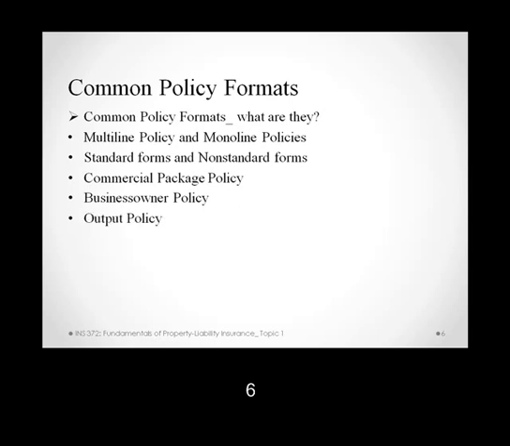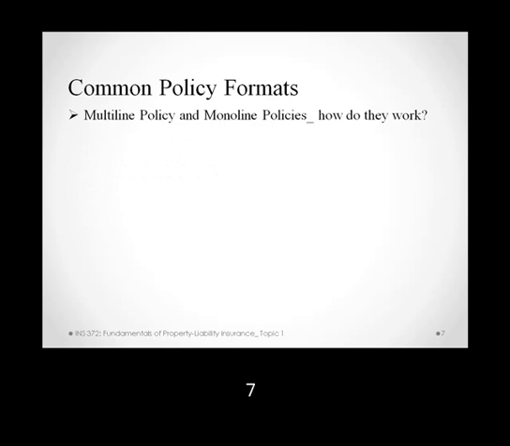Now first, let's take a look at the multi-line policy and monoline policy. Basically, a multi-line policy covers multiple lines of business. For example, if you purchase fire insurance coverage for your building, and at the same time you purchase liability coverage for the building, the building that is covered will be under a multi-line policy.